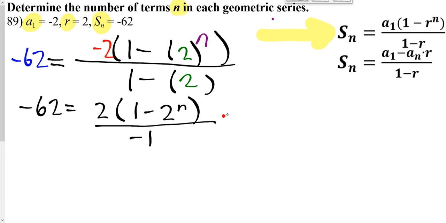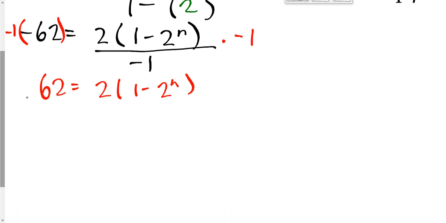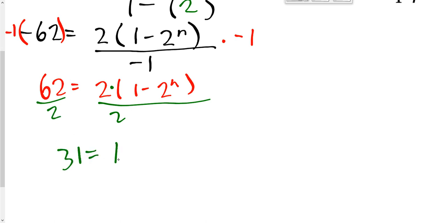So I'm going to times both sides by -1. And you'll notice you get 62 is equal to 2 times my parentheses. And I'm trying to get n by itself. So now I need to go ahead and get rid of multiplying by 2. So I'm going to divide both sides by 2. I'm just working backwards to try to solve this.